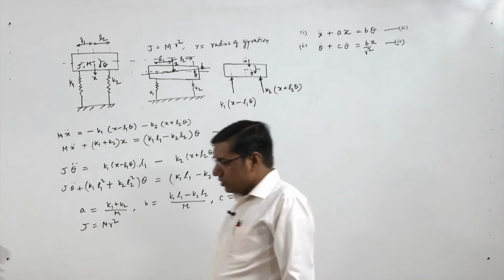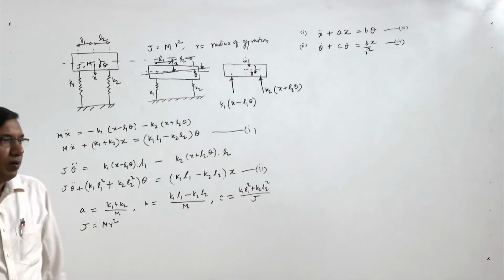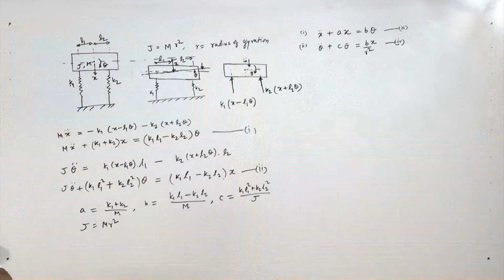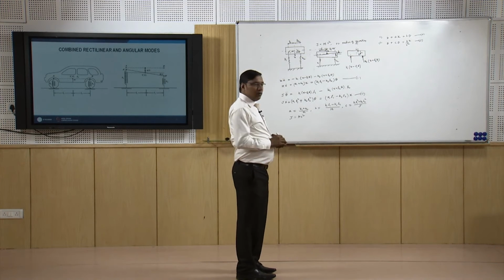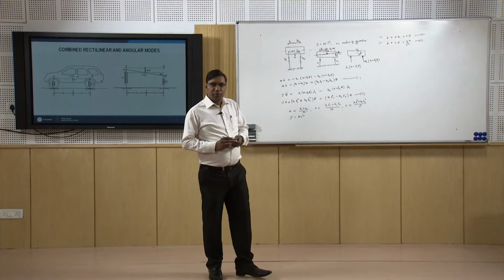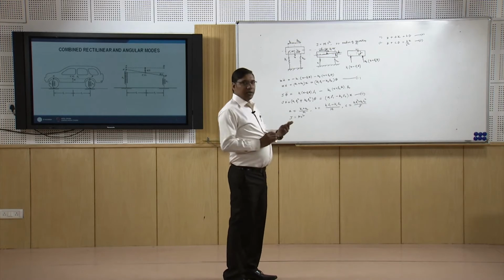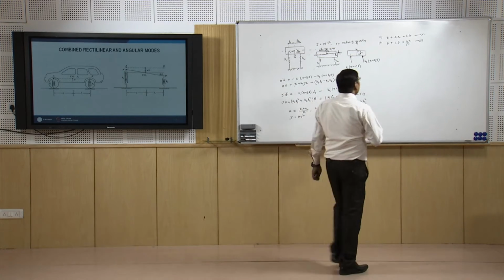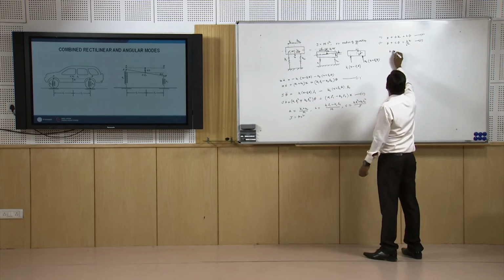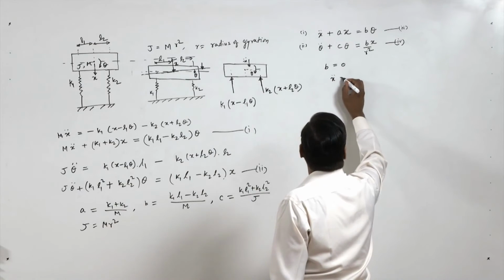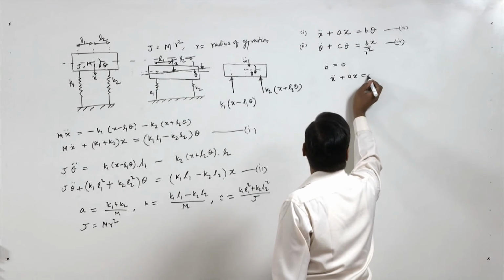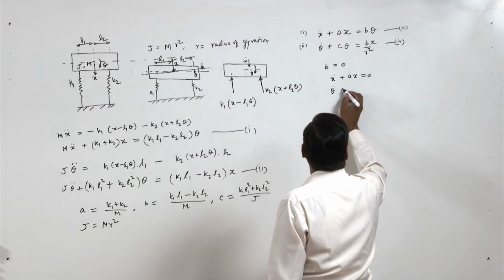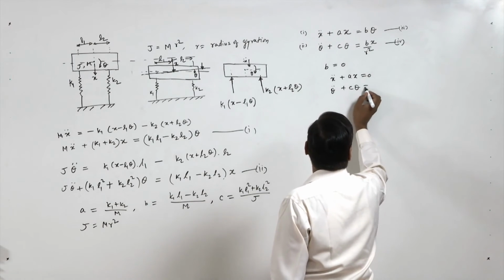Now, from equations 3 and 4 what we can see is that the equations are coupled because of the B. If we put B equal to 0, what will the equations be? They will be x double dot plus A x equal to 0 and theta double dot plus C theta equal to 0.